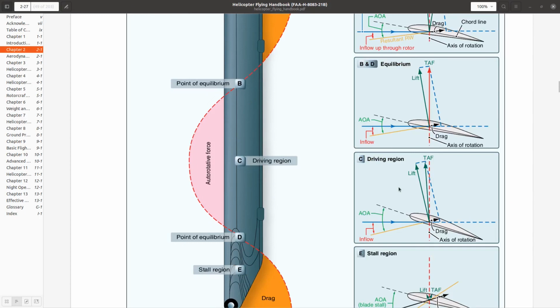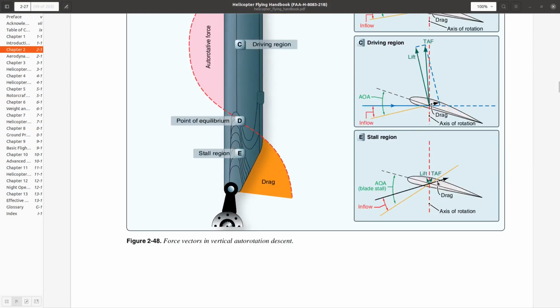And if I look at this region C, the driving region, this total aerodynamic force is tilted forward a little bit. And so that is causing this thing to want to turn. And then, of course, the stall region, there's not any lift being produced here. So it's nothing but drag. It does absolutely nothing for you.